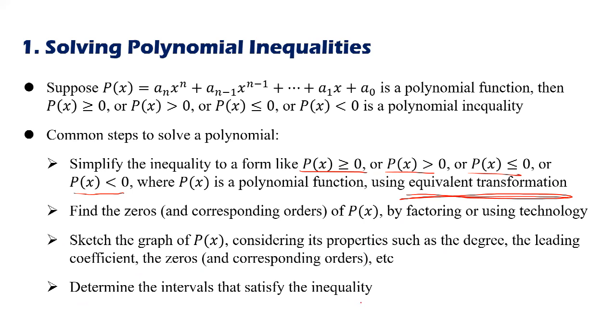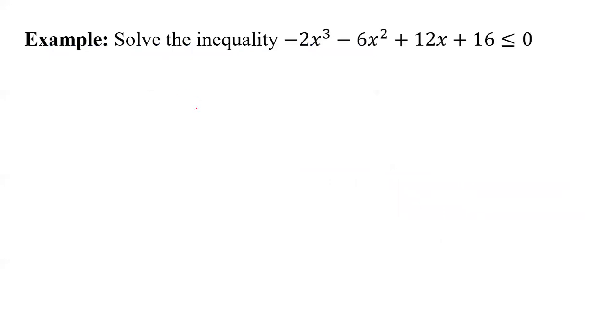Next, we'll use this example to illustrate how we can solve a polynomial inequality using the steps mentioned above. Now we have an inequality like this. First of all, we need to simplify this. Note that we can divide both sides by 2.